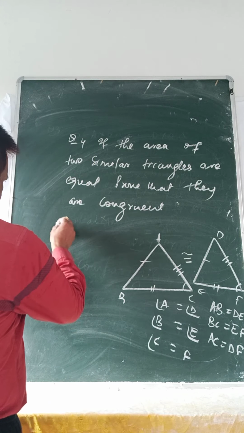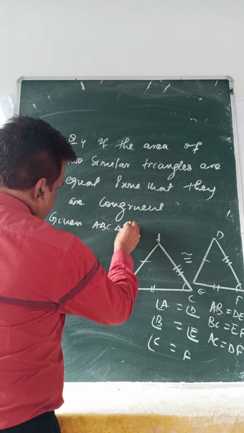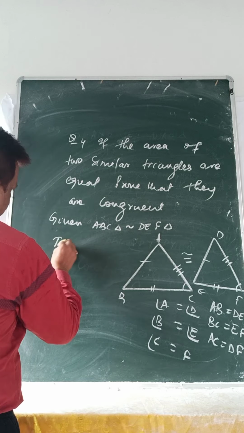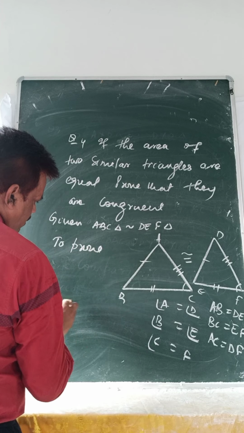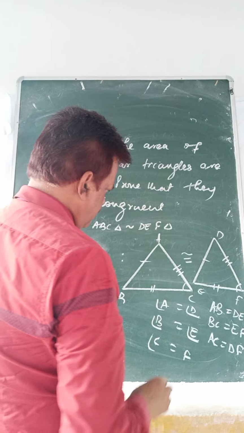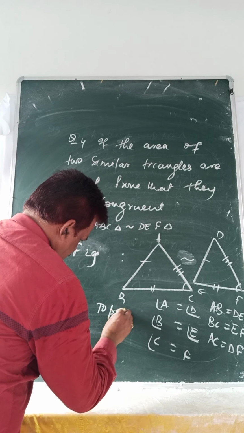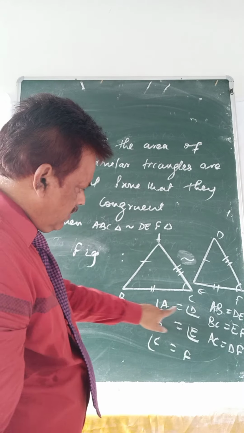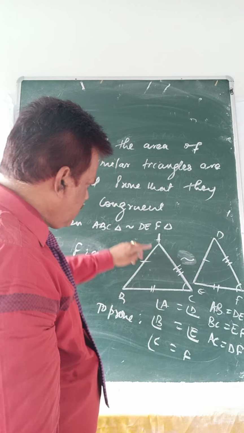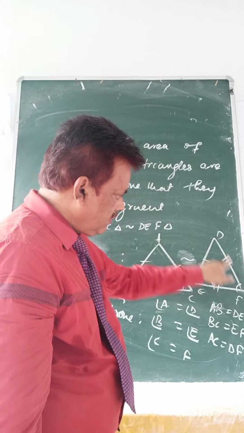So you write here, given: triangle ABC is similar to triangle DEF. To prove: angle A equals angle D, B equals E, C equals F. Again you have to prove AB equals DE, BC equals EF, AC equals DF.